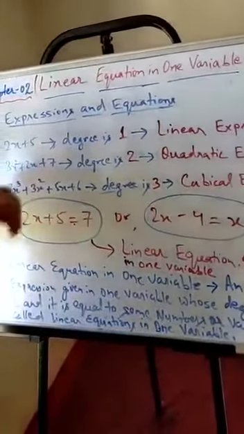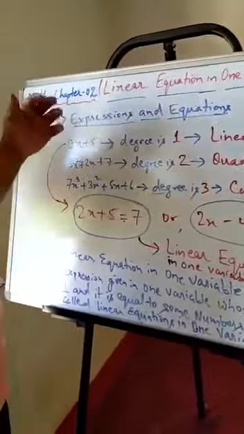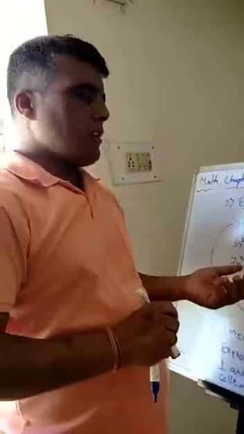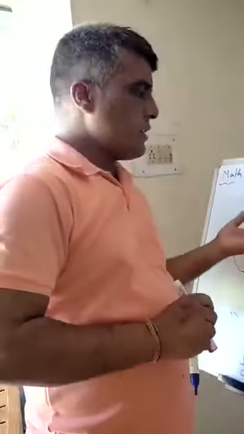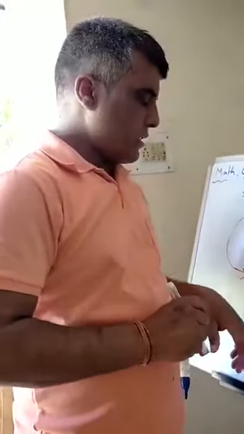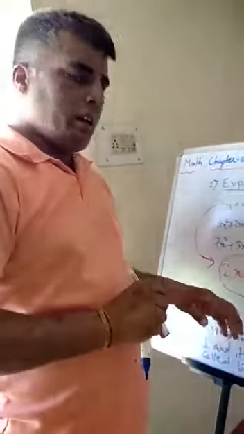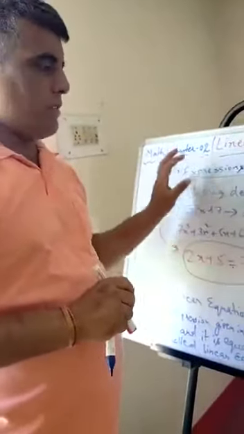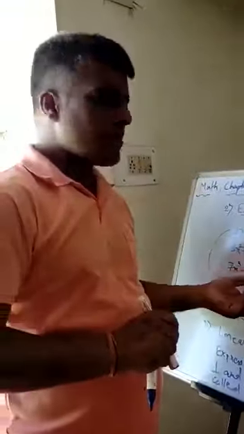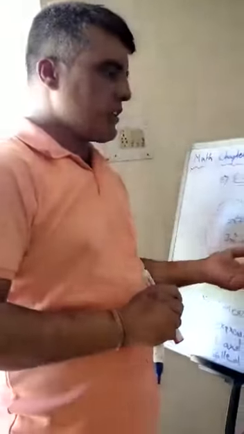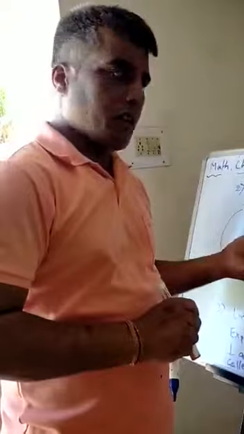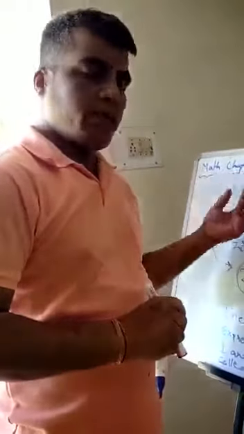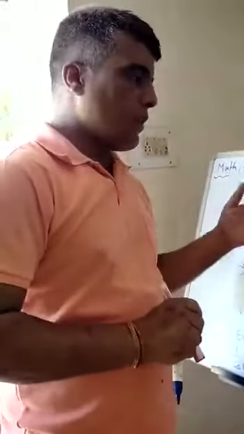In part A, the topics we have covered are the introduction, the difference between expressions and equations, and the third point, linear equations in one variable. I have shown you various examples, and made you understand the different kinds of algebraic expressions: monomial, binomial, trinomial, polynomial.